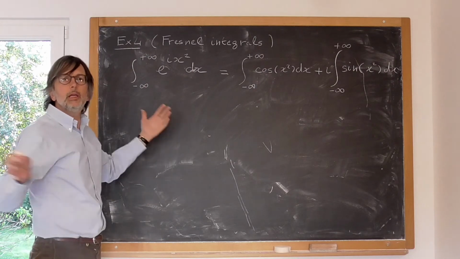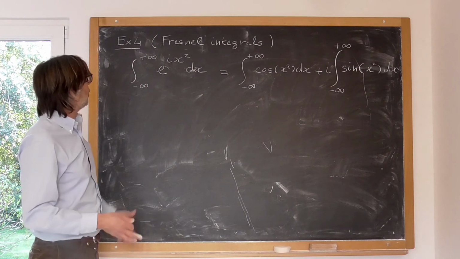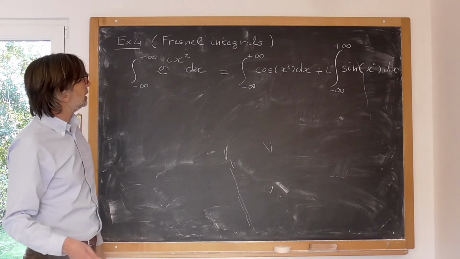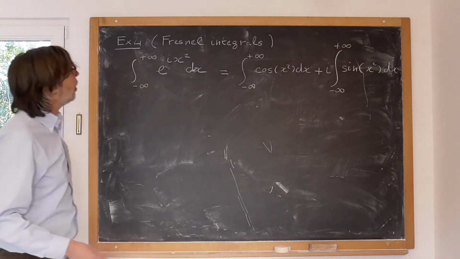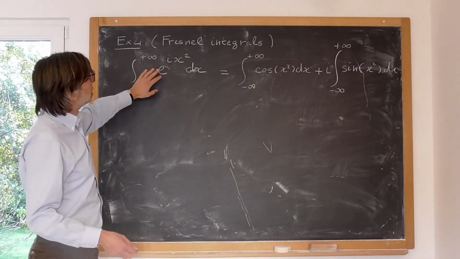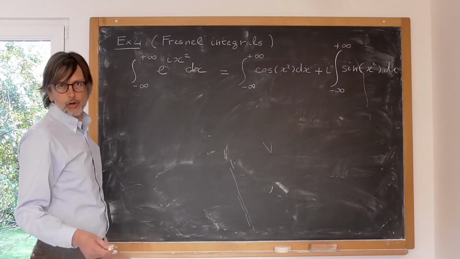So integrating 1 over the whole real line, we obtain plus infinity. Okay, but nevertheless, although these are not summable, their improper integral converges.